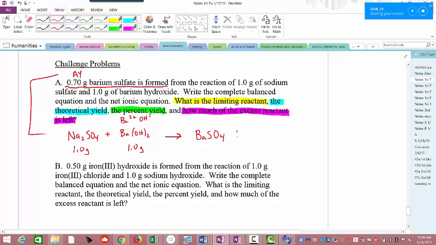So what is the second product? What type of reaction is this? Double replacement. So what's the second product? Sodium hydroxide, and its formula is NaOH. Balance this equation.